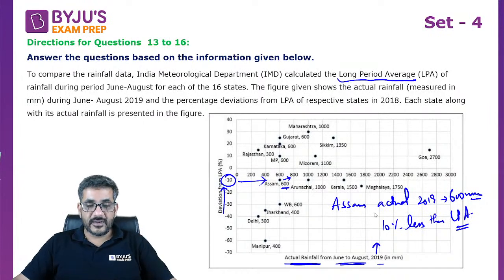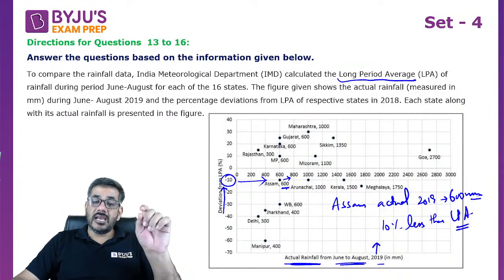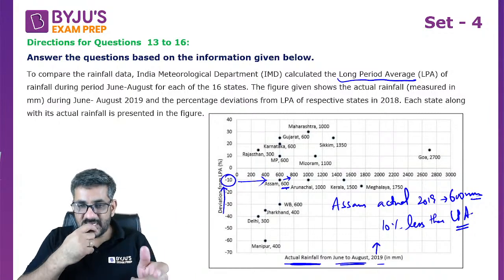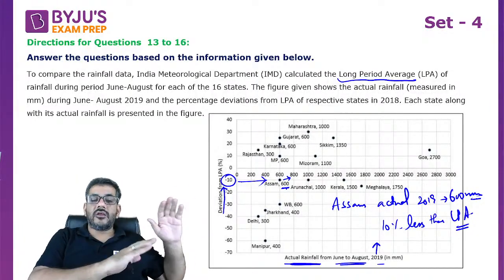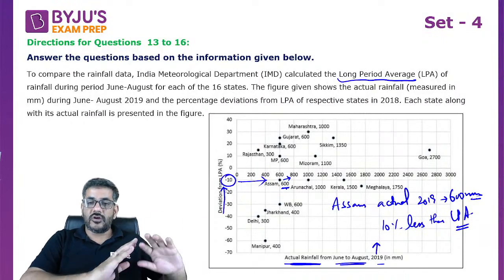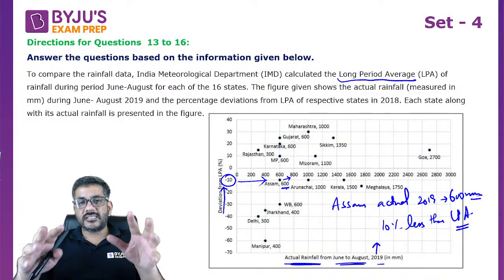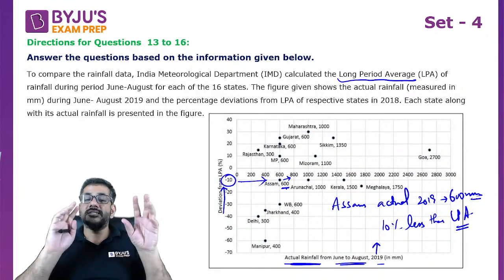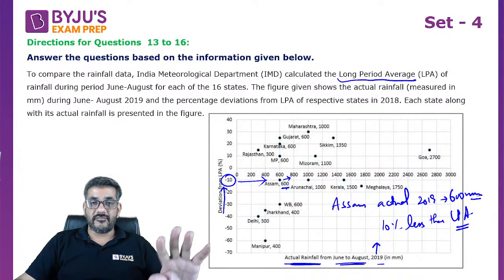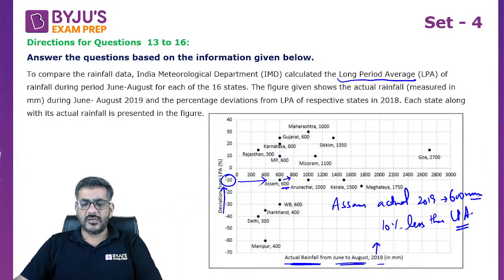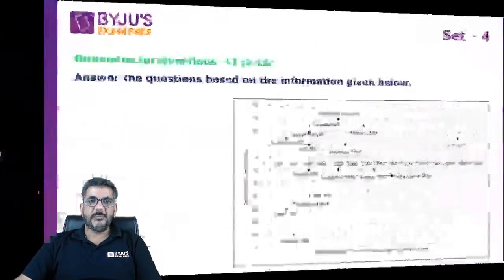So 600 is 10% less than the LPA. I am saying less because it lies at minus 10%. So before this, whatever was the average of the rainfall for a long period, this year the actual rainfall in Assam was 10% less than that average. This is what it is saying. For the other figures as well, it would be exactly the same. I'm sure that this is clear now.